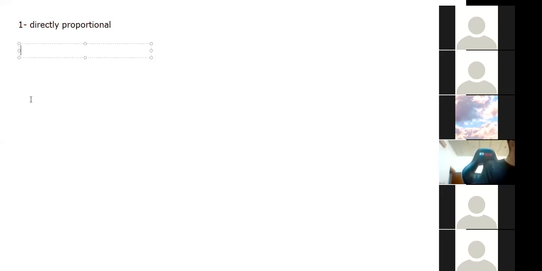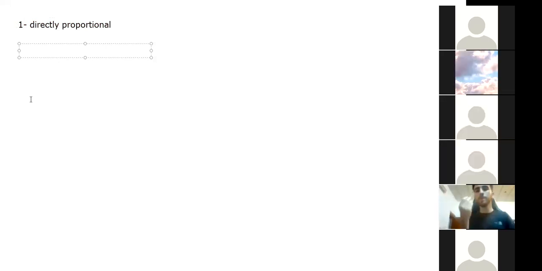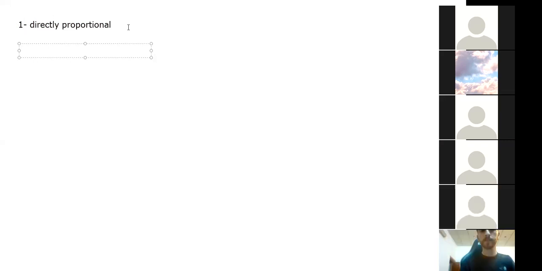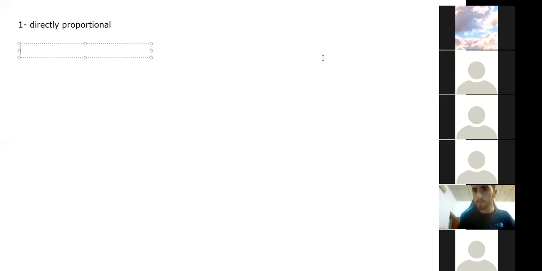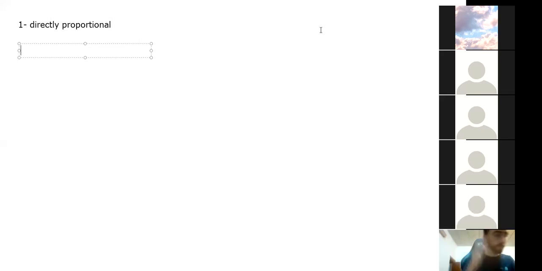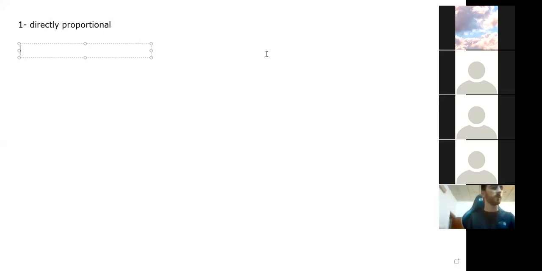Question number 2: what properties of two objects determine if the two are in thermal equilibrium? What can tell you if two objects are in thermal equilibrium? Bria? Is it their temperature? Yeah, of course, it's the temperature. That's right.